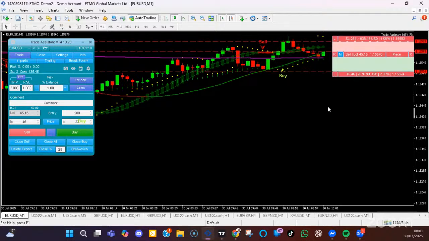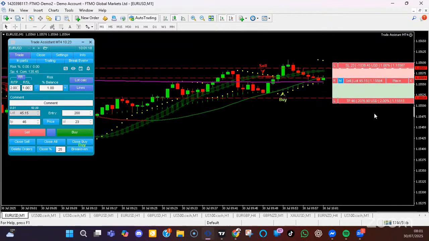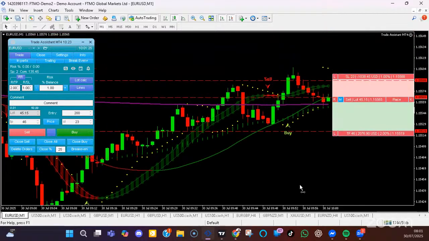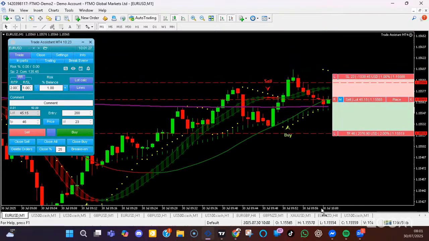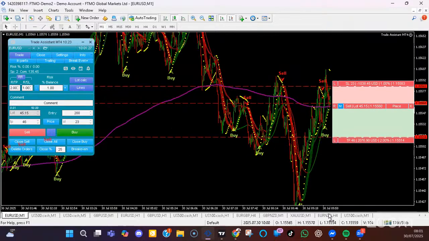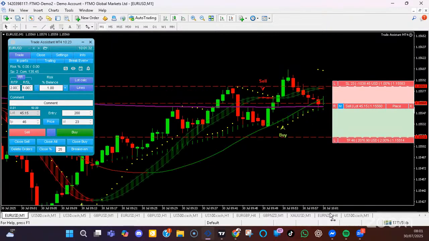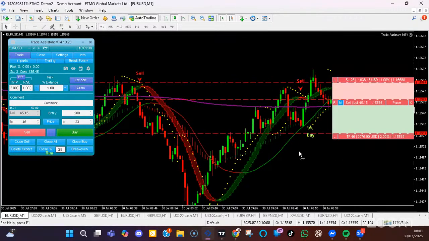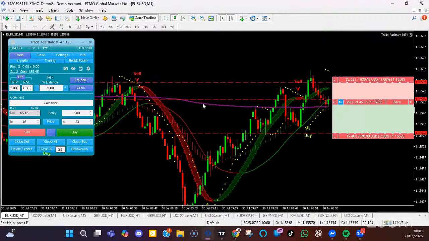So the next alert will be a sell, and that's what I'm looking for. Just starting to get a red volume ribbon. I think it's this purple line here.